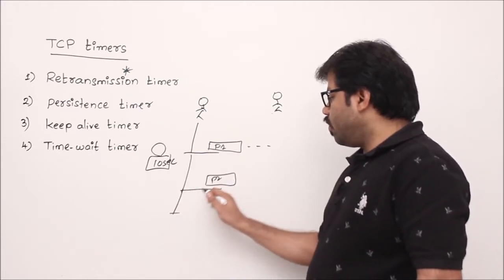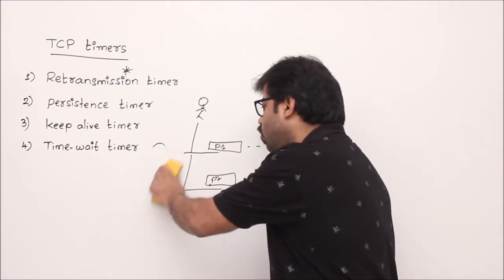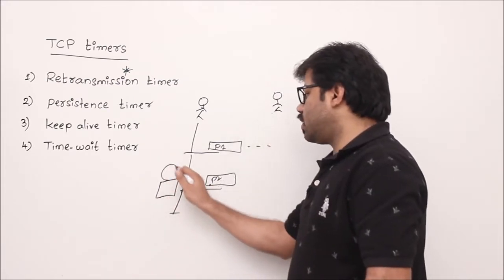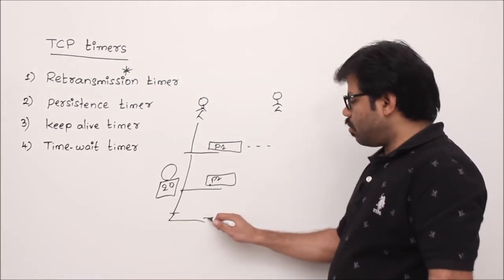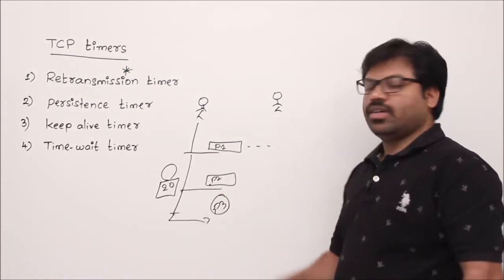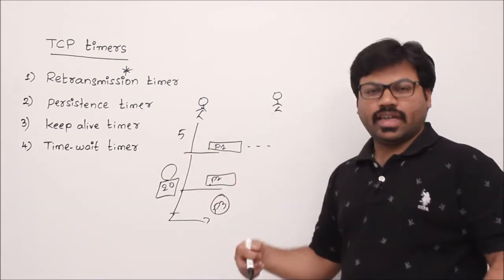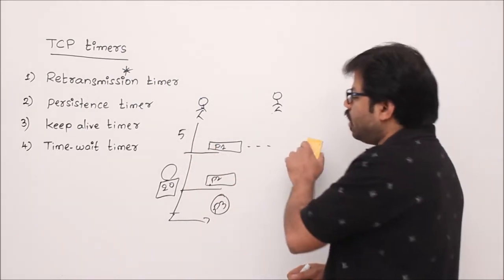Then after that, while sending probe number 2, we create one more persistence timer with 20 seconds. Then after 20 seconds, another probe. In that way probes will be sent: first after 5 seconds, then 10 seconds, 20 seconds, and there will be a limit of course.